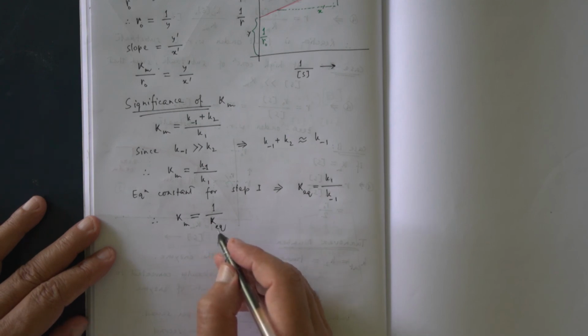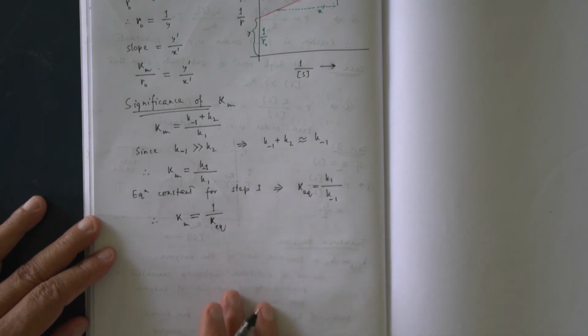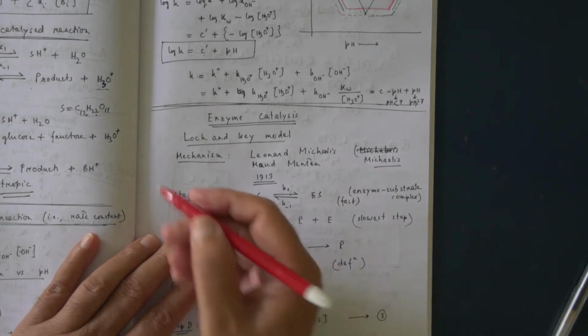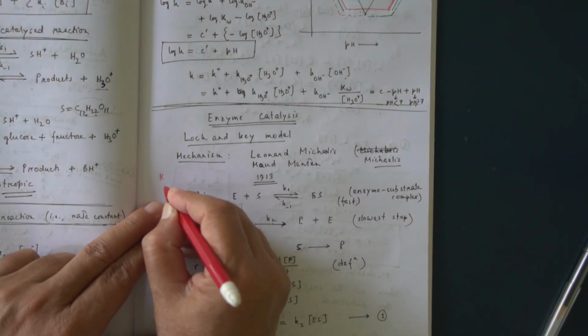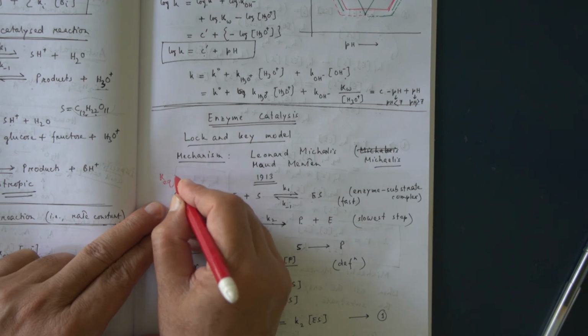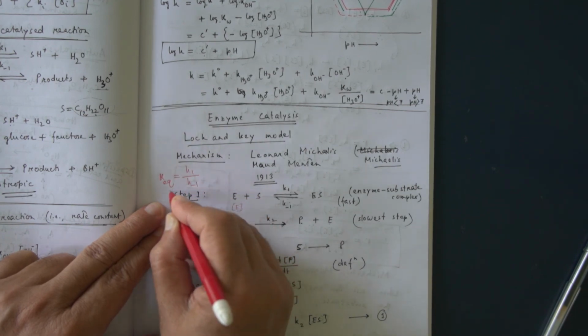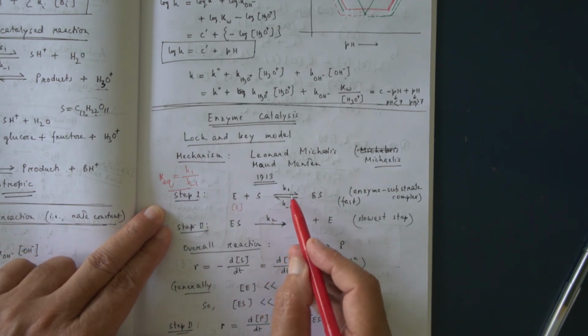Okay, so you see here, let me write here what is equilibrium constant. K equilibrium constant is equal to k1 by k minus 1. Okay, equilibrium constant.